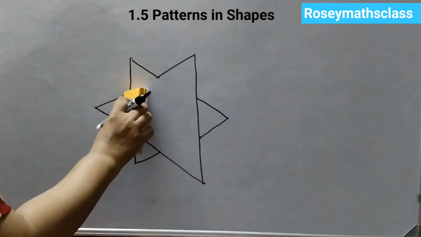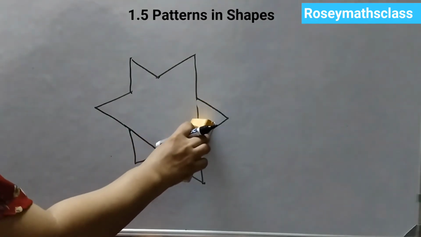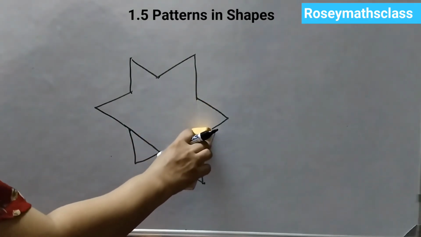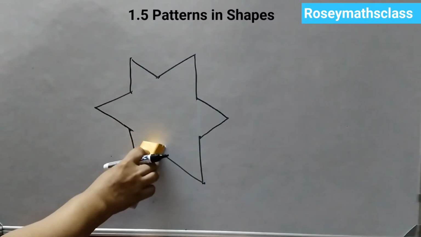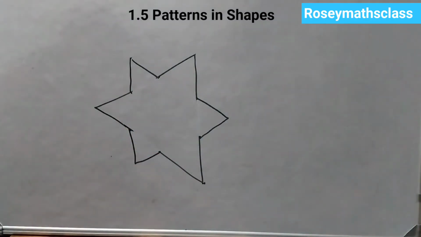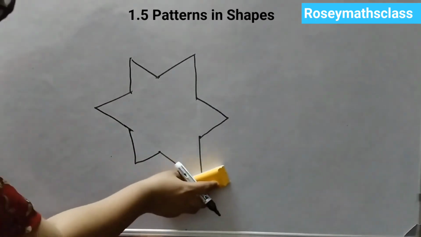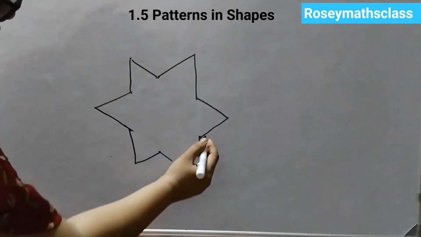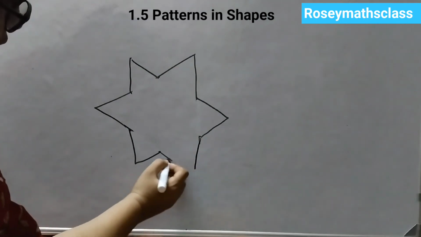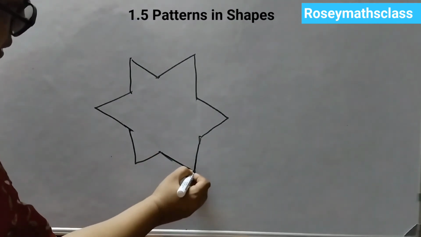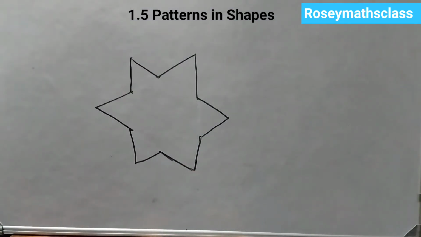You need to erase this. This looks like a star. Okay, this is the second picture. We can make it all of equal length. So this we can make a little smaller. So now this looks like a star.